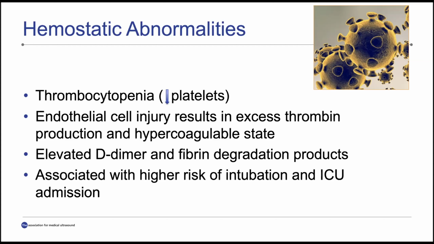This produced elevated D-dimer and fibrin degradation products, which is really a hallmark of these clotting abnormalities. And when we saw very elevated D-dimer and these fibrin products, it was associated with a higher risk of intubation, ICU admission, and a poor outcome.